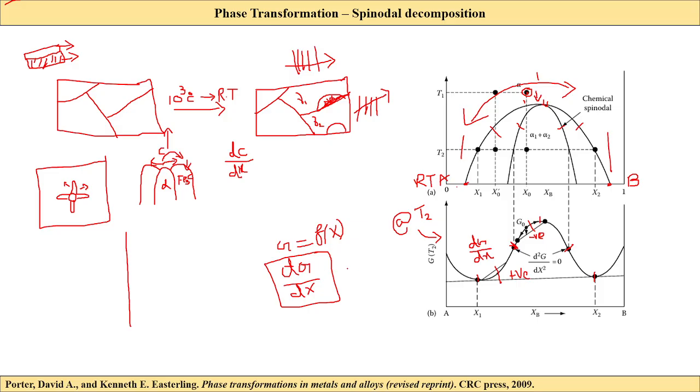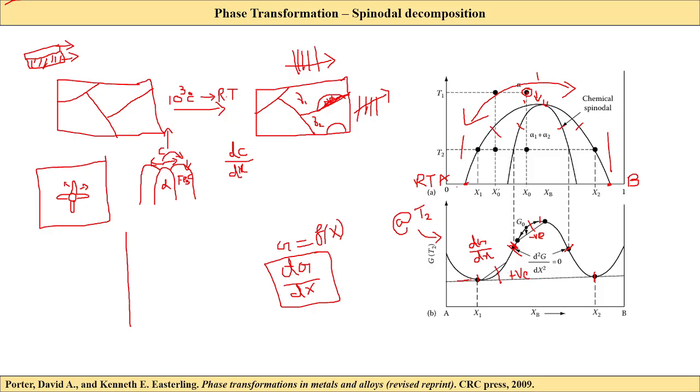So below this inflection point I have one type of slope change, which is positive. That means the slope is continuously increasing. Here, at one point I have 0, and then the slope will continuously change to be negative. Right, so that's what we can see.